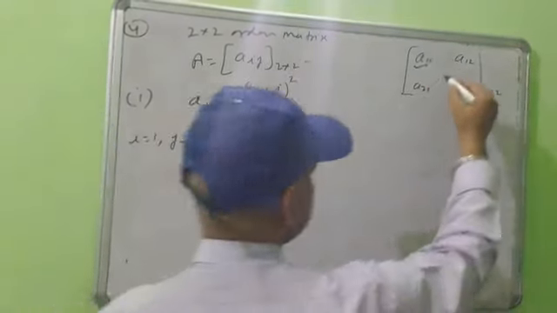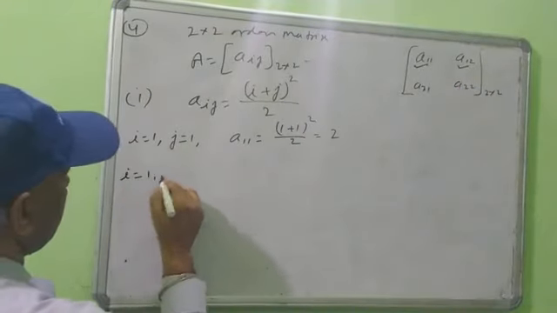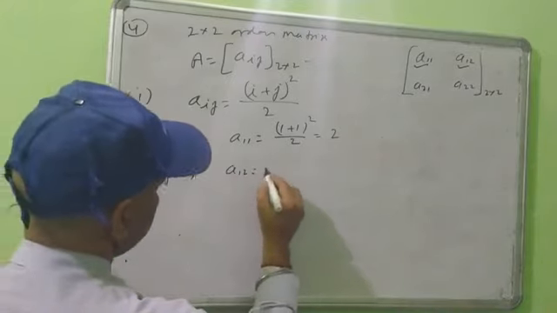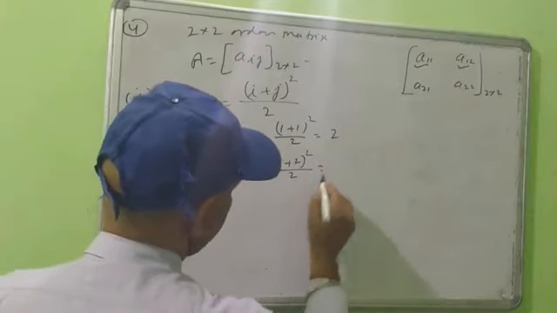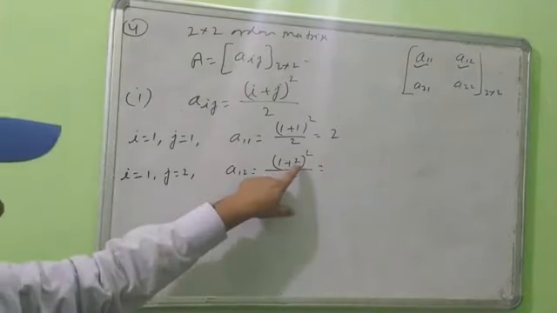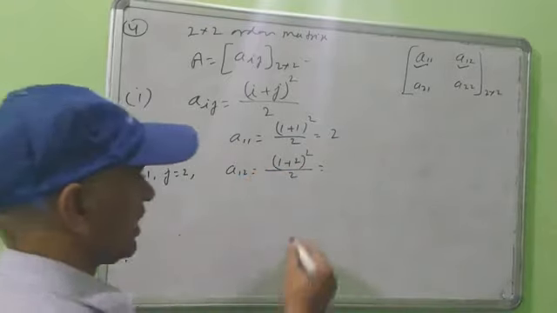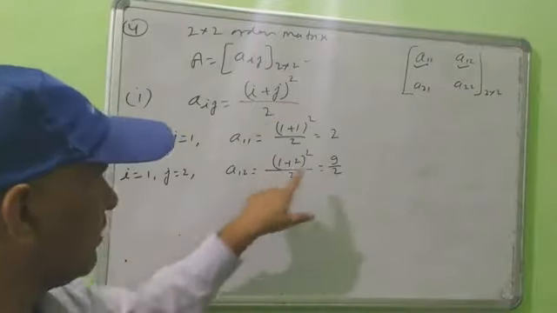The second element is a 1 2, means i equal to 1 and j equal to 2. (1 plus 2) whole square upon 2. Now we check this: 1 plus 2 is 3, square of 3 is 9, 9 by 2. Means you are getting the value of a 1 2.